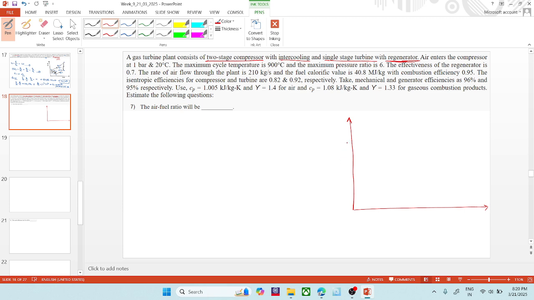Let's suppose my axis, TS diagram, and yeah, these are the processes.